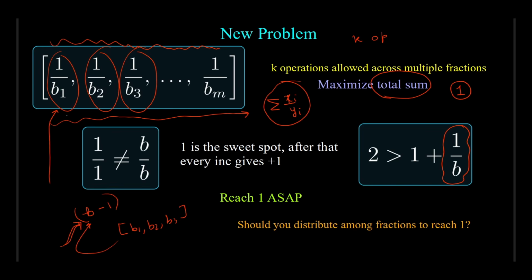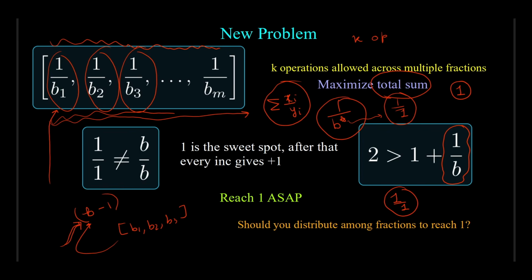So with multiple entries, we have the strategy of picking the bi, let's say b star, where b star denotes the minimum value of b, and then decreasing it down to 1/1, and then doing some operations. Now suppose you reach 1.